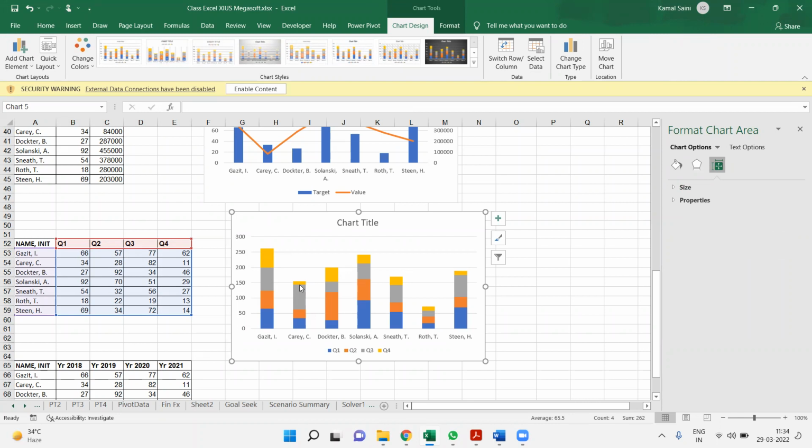So 150 was the overall sales done by Carry, and he did more in quarter 3. Likewise, he did better in quarter 2. This guy did better in quarter 3 and quarter 1. So this is a stacked chart.